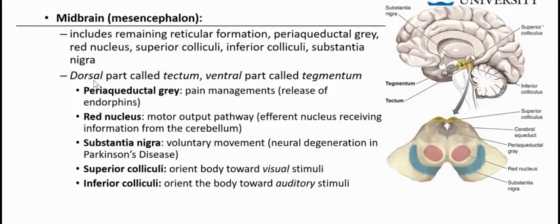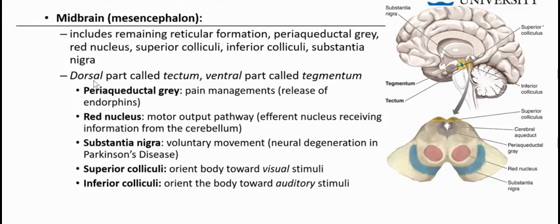When you don't have sufficient dopamine, you will get Parkinson's disease. You'll get involuntary movement, tick-like movement of your fingers, and you couldn't really control your facial expressions that well. So that's Parkinson's.